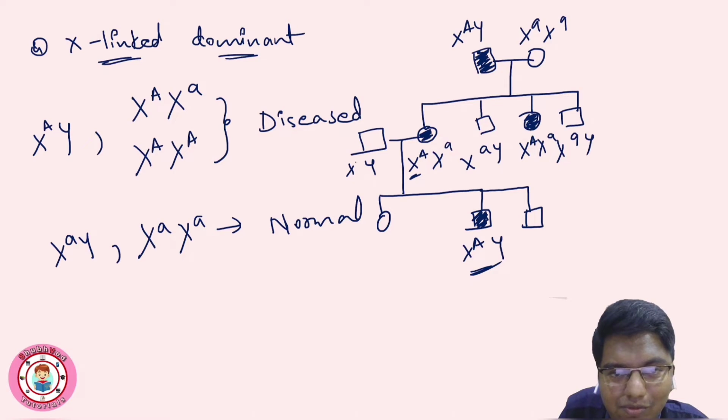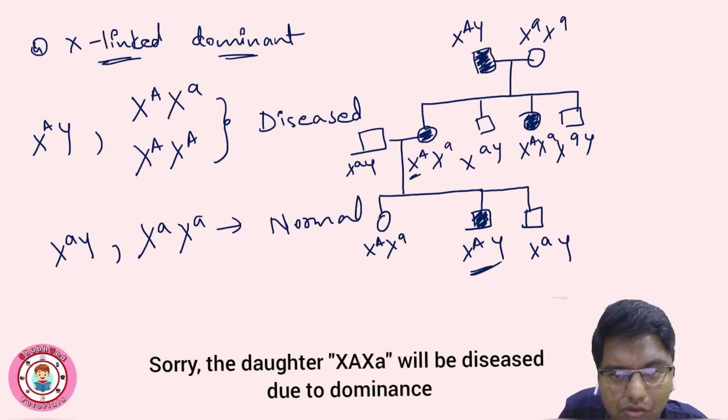So no, we want to show a recessive. Okay, so yes, again this is the boy, this got this XA, so this will be normal. Now this girl child will get XA, right? So this is normal again.